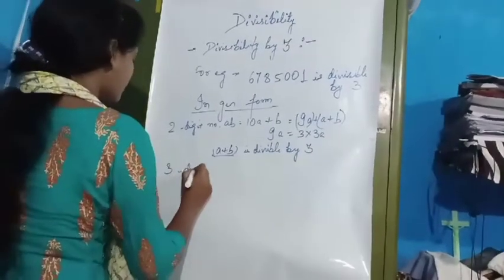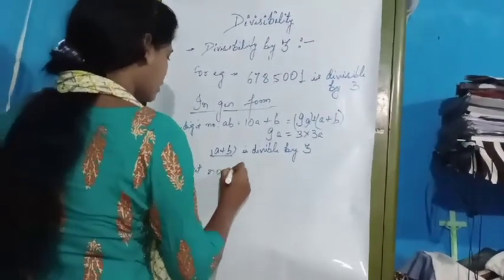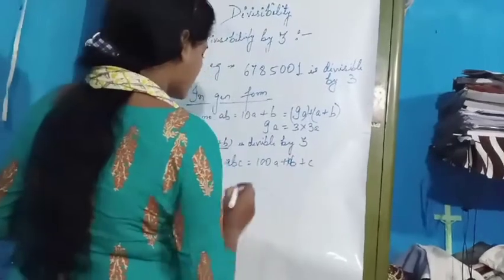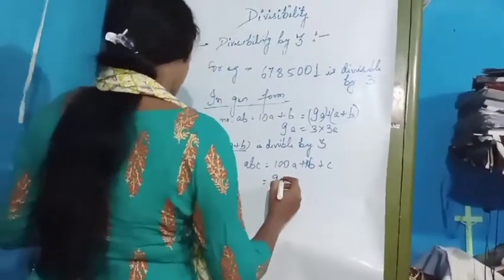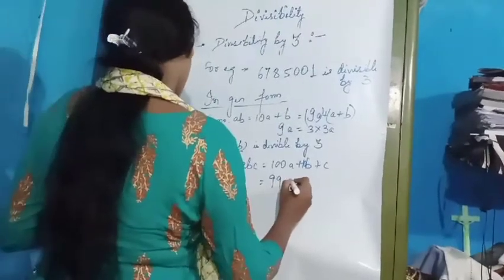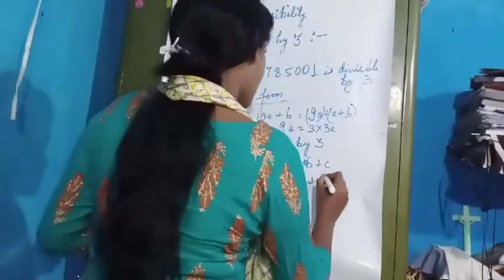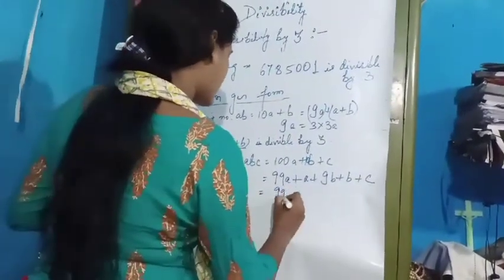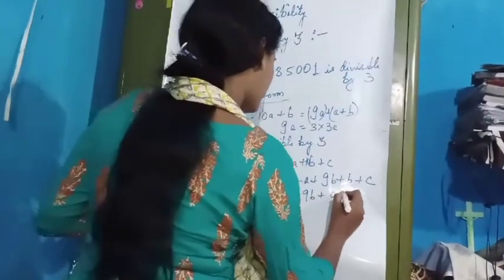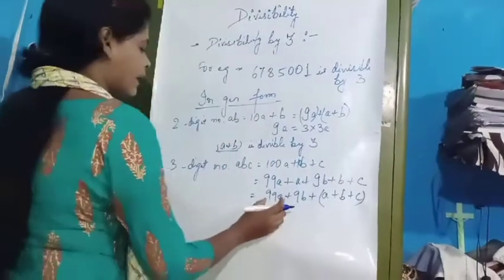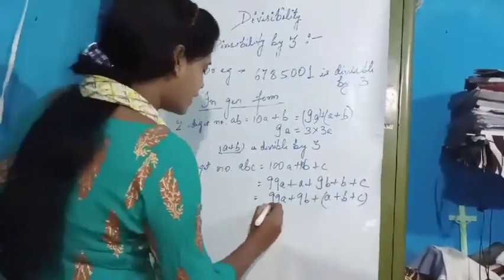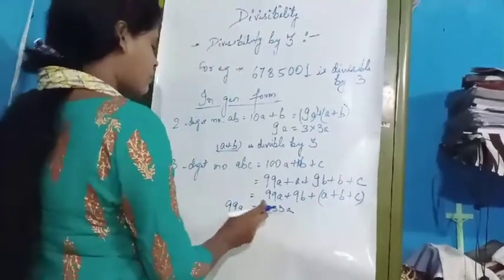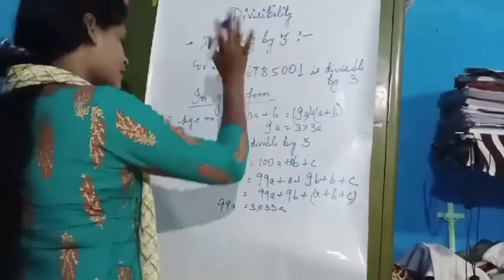Then see a 3-digit number ABC. This is equal to 100A plus 10B plus C. This you can write as 99A plus A plus 9B plus B plus C. So you can see 99A plus 9B plus A plus B plus C. Here 99A is a multiple of 3 because you can write it as 3 into 33A, so it is divisible by 3.